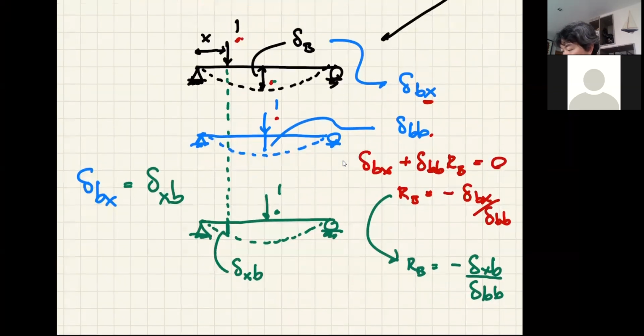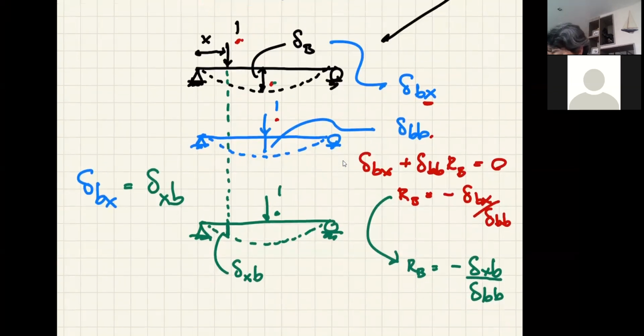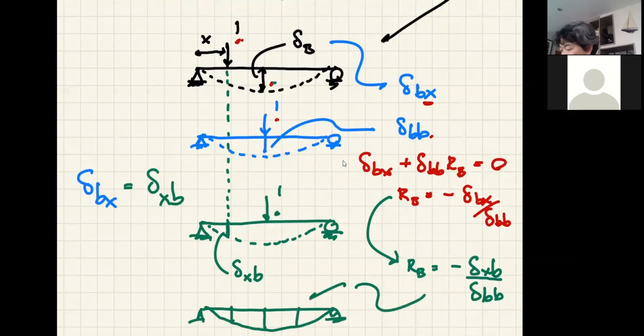Meaning, if you know displacement at any location, you can make use of this displacement to obtain RB.